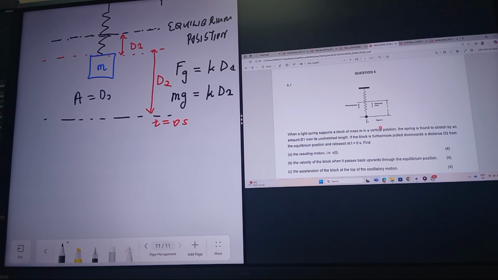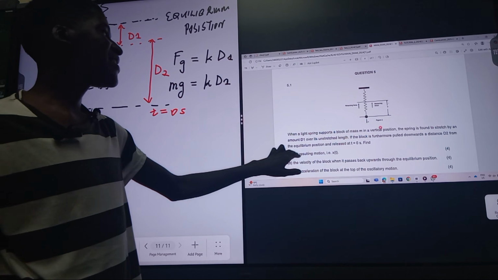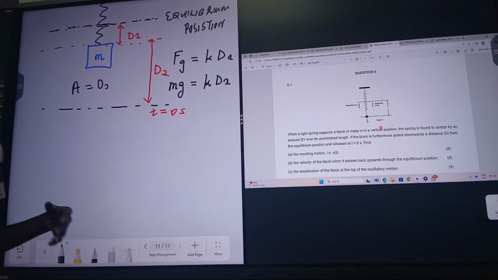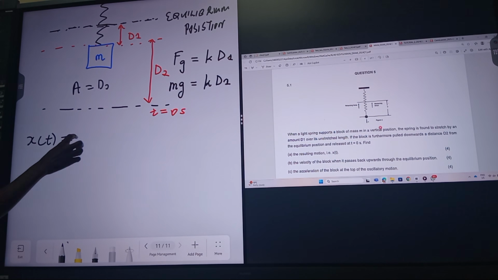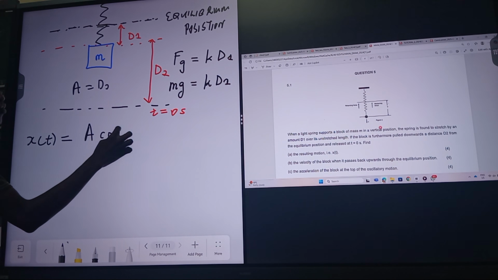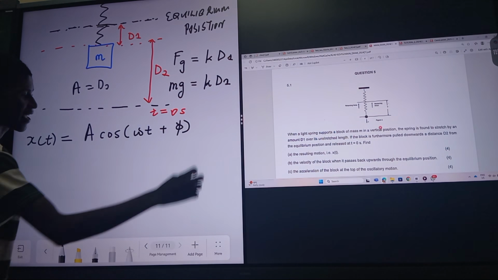That's the amplitude. Now the question says, find the resulting motion. In motion, we basically define it by position x at time t. The standard equation for position in simple harmonic motion is x equals A cos(omega t plus phi).